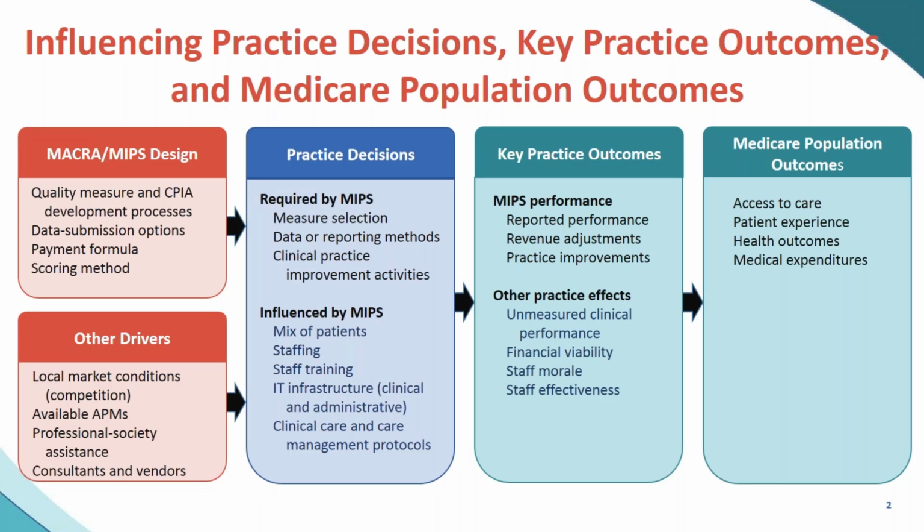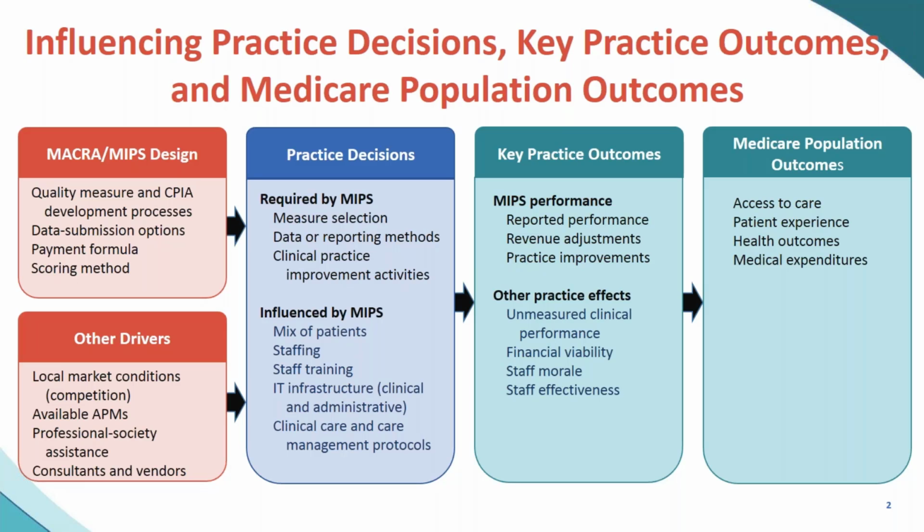Now, we borrowed this graphic from the New England Journal of Medicine, made a few tweaks to it, but what this graphic is intended to show is how MIPS and other factors influence the practice and work decisions. Also, those decisions at the practice or organization level will then influence outcomes, and then onto the Medicare population.